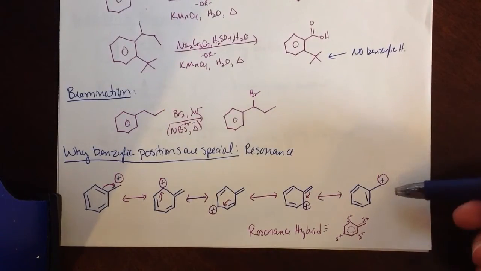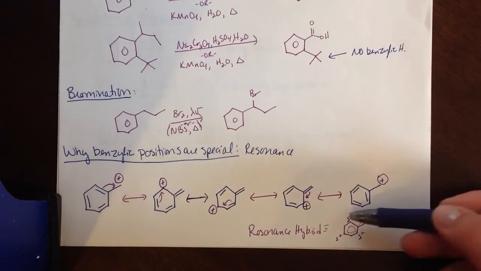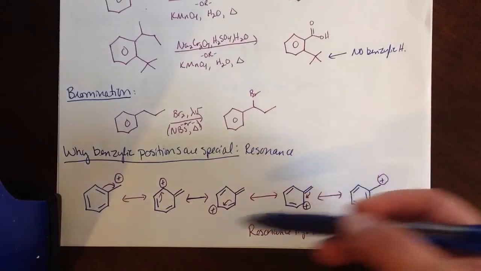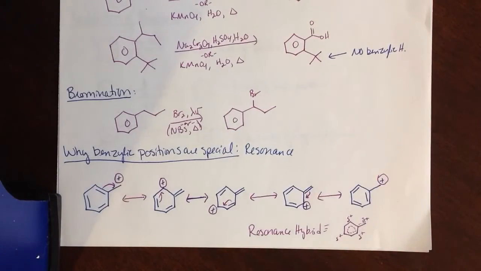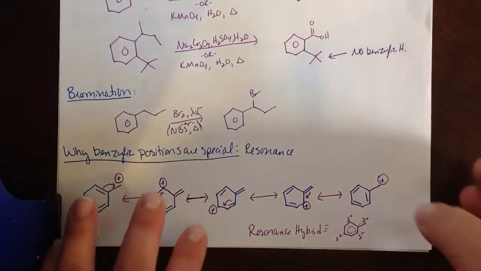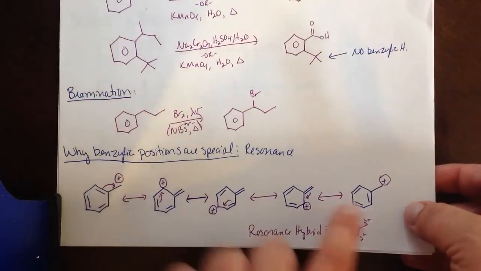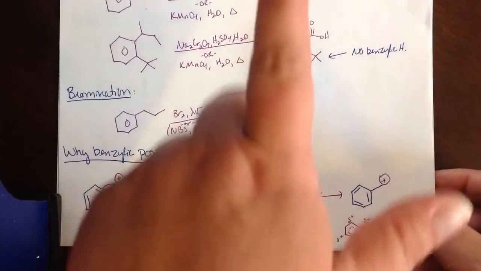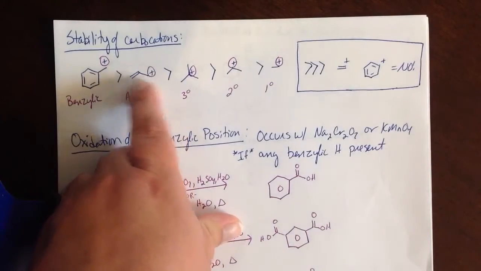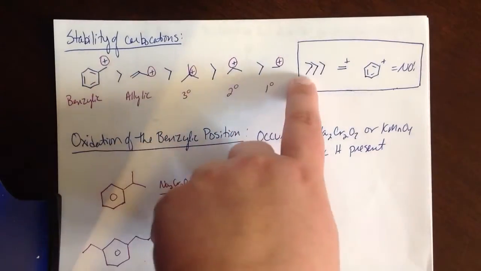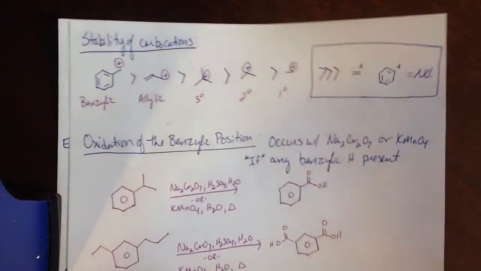But what that would mean is the positive charge is actually spread throughout four different atoms. So here, here, here, and here. And that's why it's so stable and why you can get that positive charge more easily in this type of guy than you can anywhere else, because with the allylic you can at least spread it between two carbons, right? Here and here, but these are kind of stuck where they are. Okay.